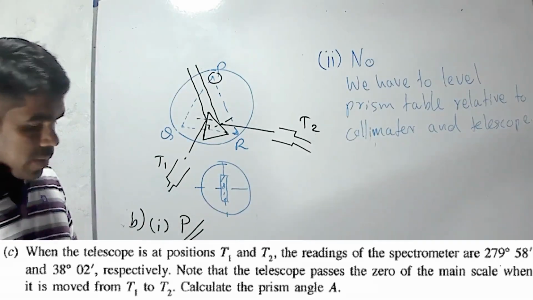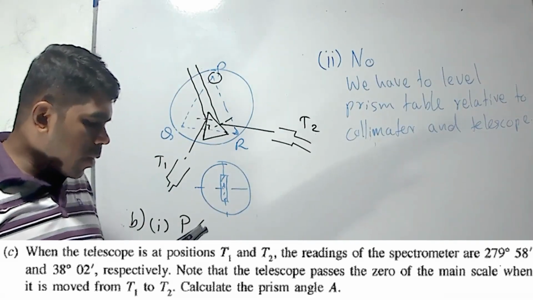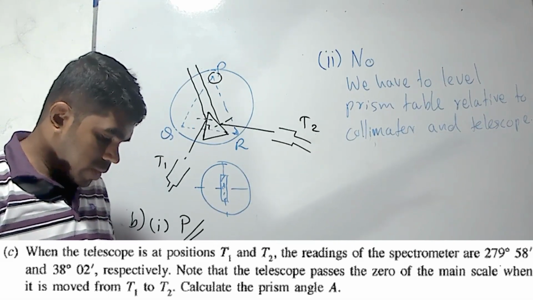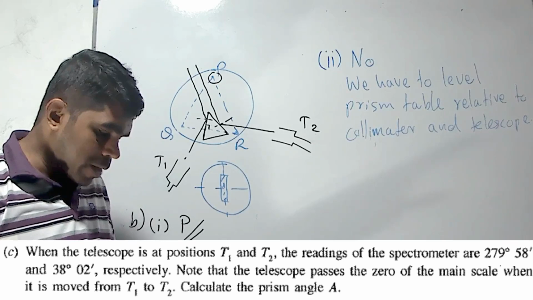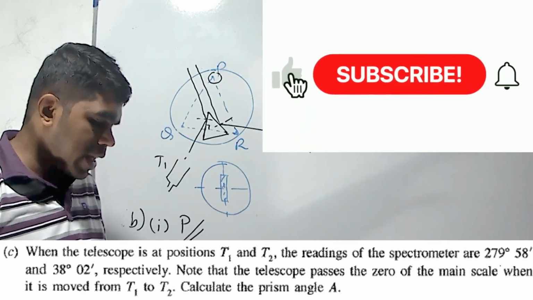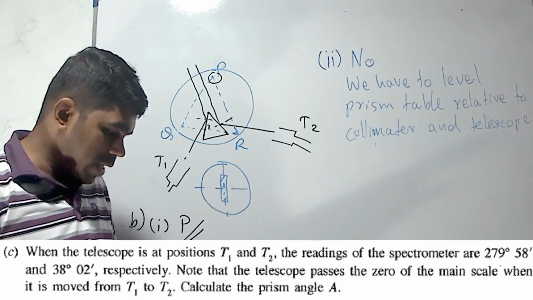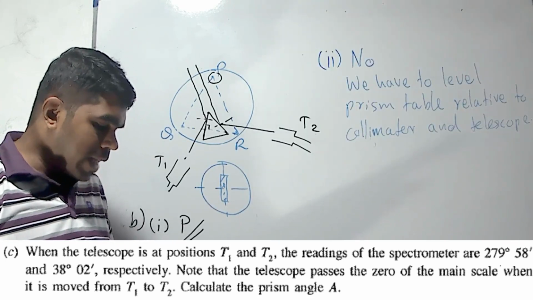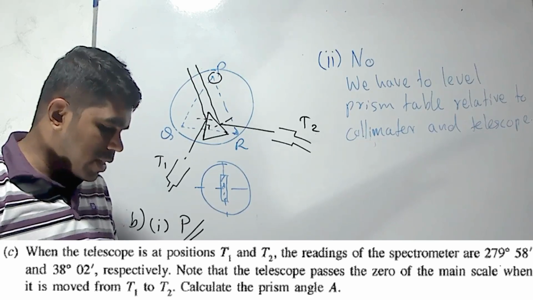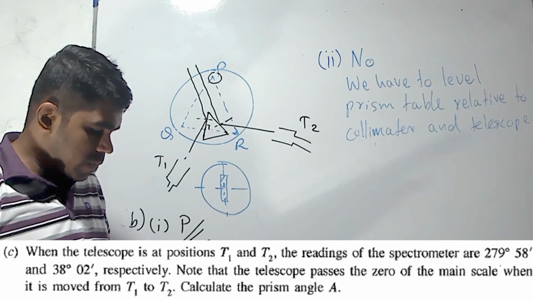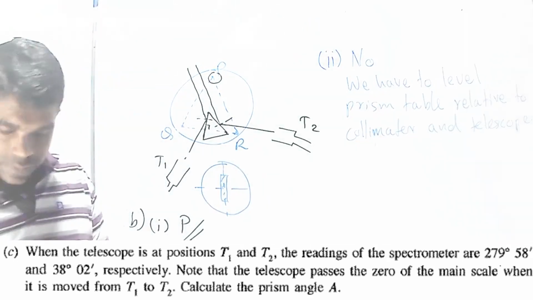In part C, when the telescope is at the T1 position and the T2 position, the readings of the spectrometer are 279 degrees 58 minutes and 38 degrees 2 minutes respectively. Note that the telescope passes the zero of the main scale when it is moved from T1 to T2. Calculate the prism angle.